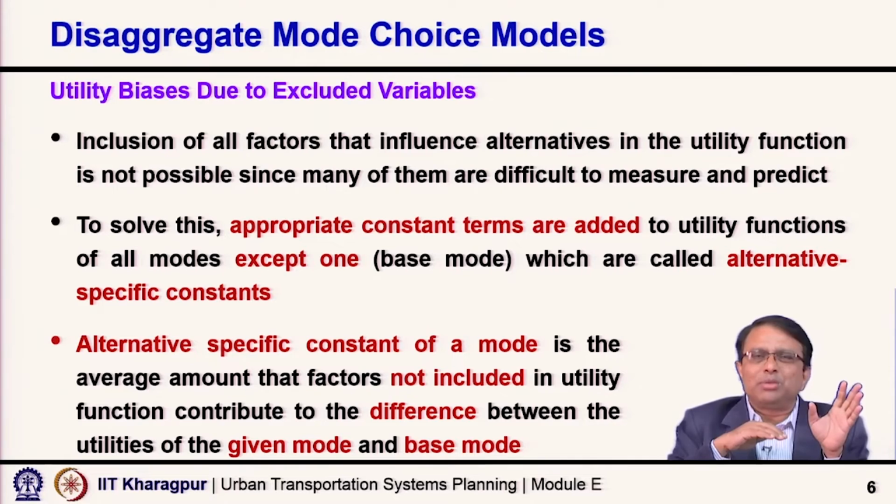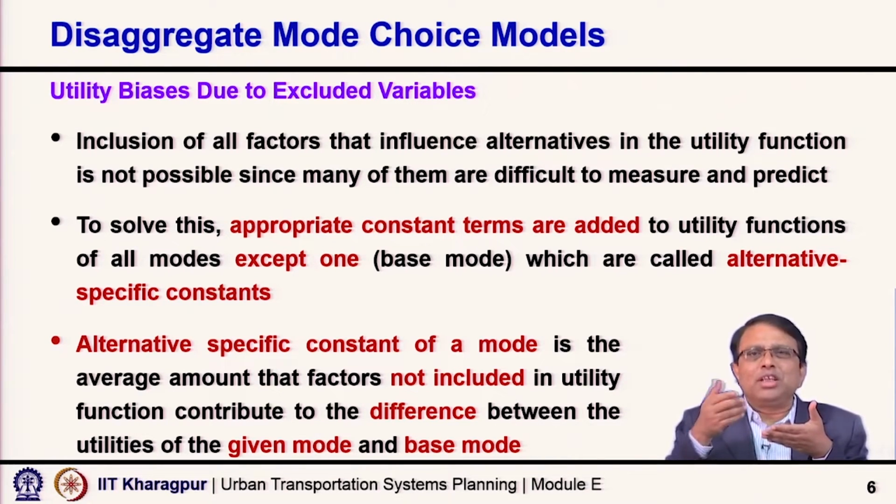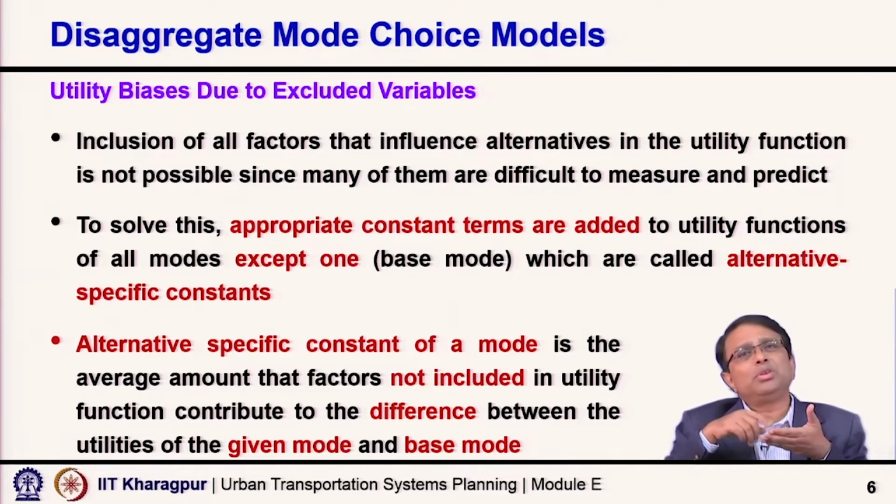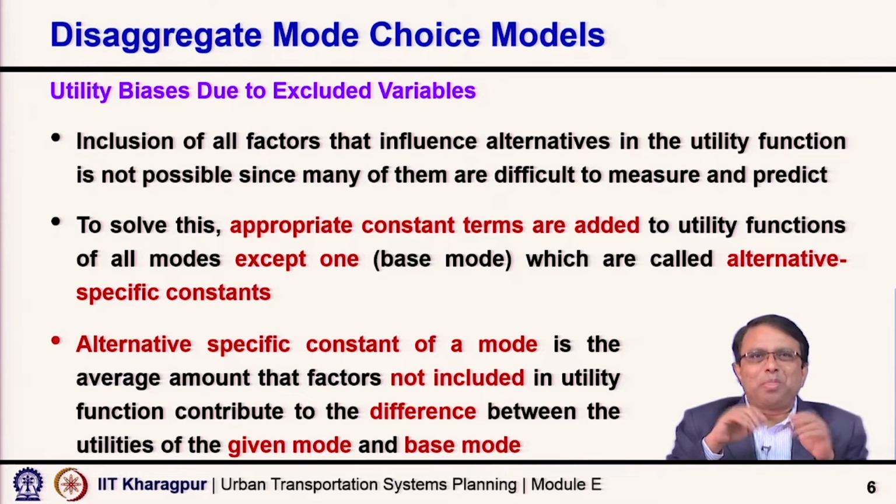It may be negative, it may be positive, because relative to your base mode, the overall value could be a disutility, then it will come with a minus sign, a constant with a minus sign. Relative to the base mode, it may be a kind of utility, so it will come with a plus value of constant, right. Now, the alternate specific constant of a mode is the average amount of factors not included in the utility function.